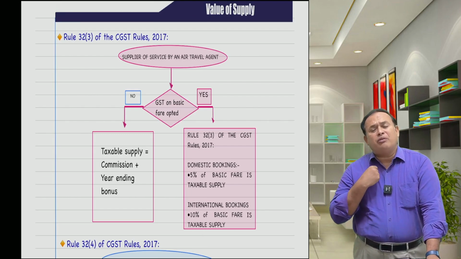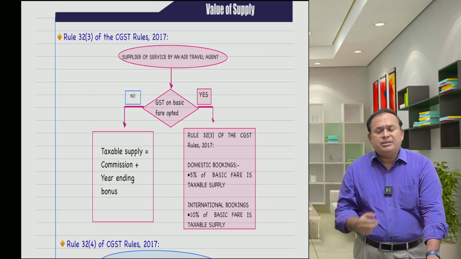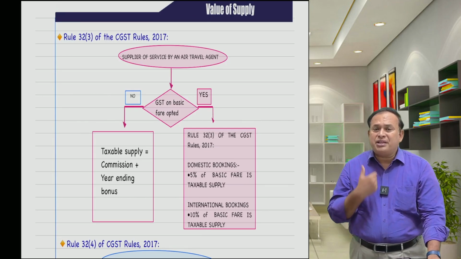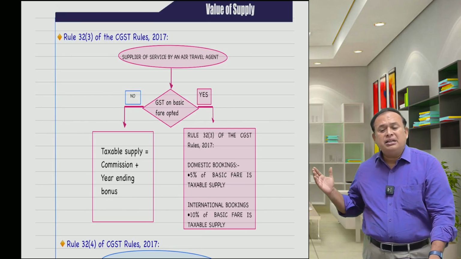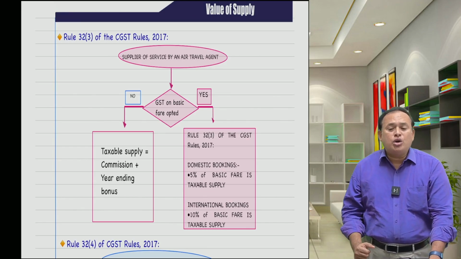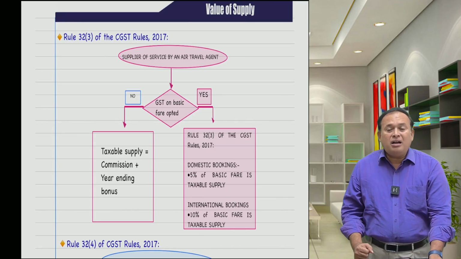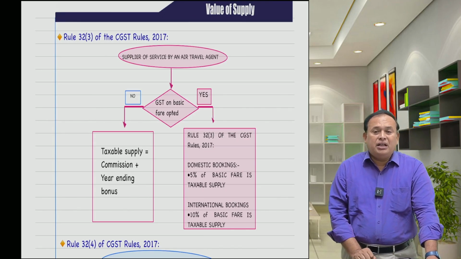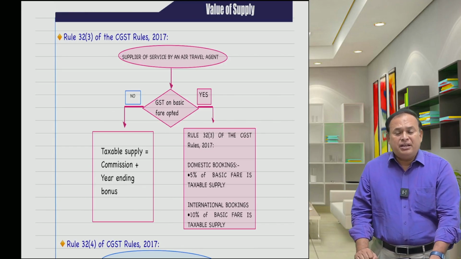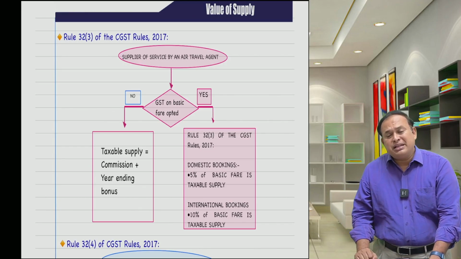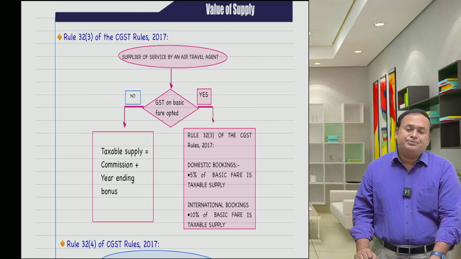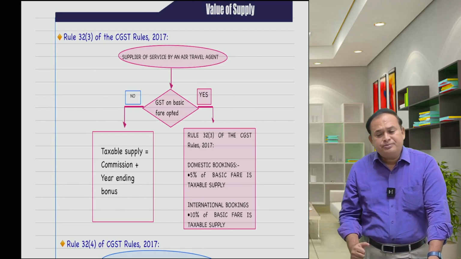On such commission, I want to pay GST, pay it. Or otherwise, you have the option to pay GST under rule number 32, sub rule number 3, where on basic fare, domestic basic fare, 5% is equal to the value of taxable supply, on which you pay GST.